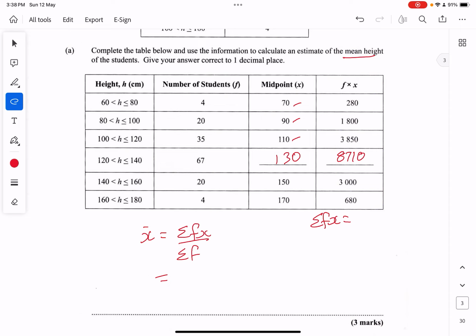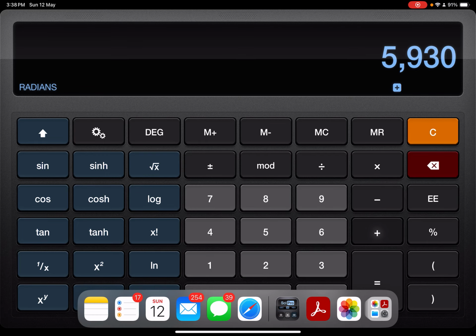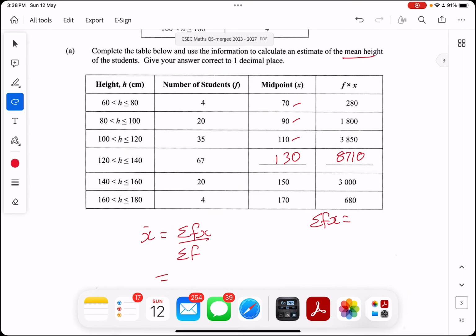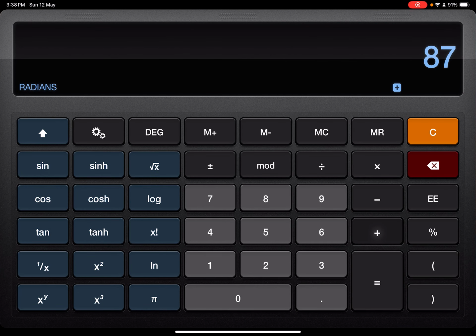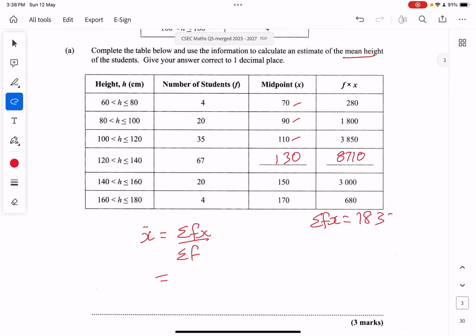So that is 280 plus 1800 plus 3850 plus, what did we get for that figure? 8710, plus 3000 plus 680, 18,320.